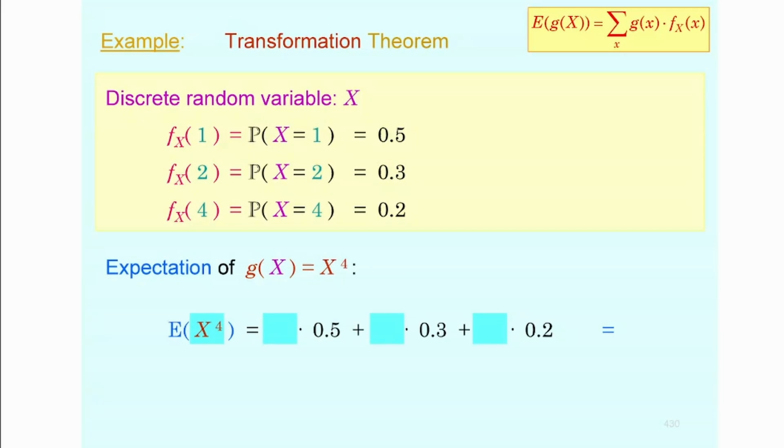That's going to be the weighted sum of all realizations taken to the fourth times their corresponding probabilities. So 1 to the fourth, that's equal to 1, but it doesn't really matter. 2 to the fourth times its probability plus 4 to the fourth times its probability. So this is the fourth moment, guys. Sometimes I will address the fourth moment of a random variable, at least for the discrete case.